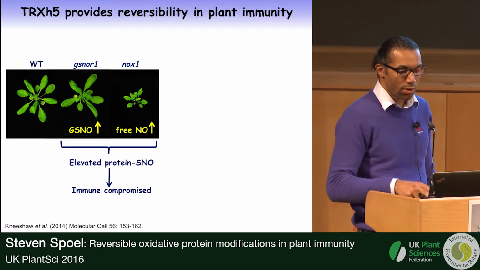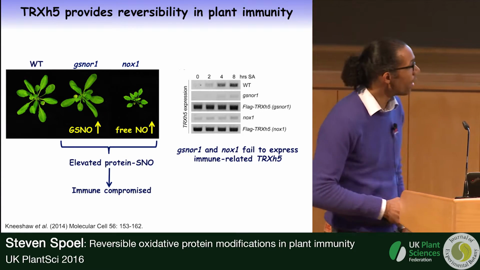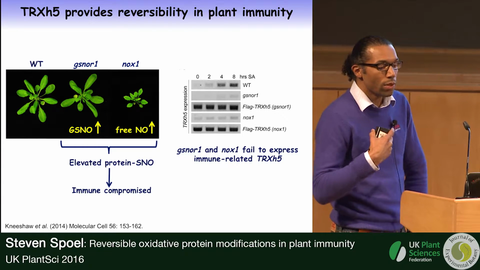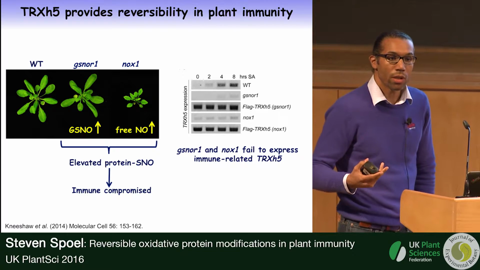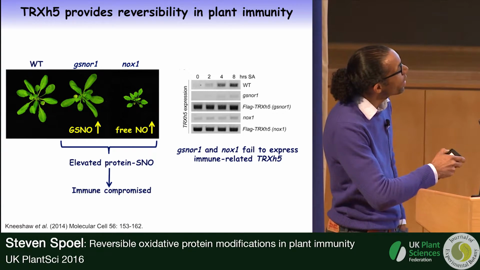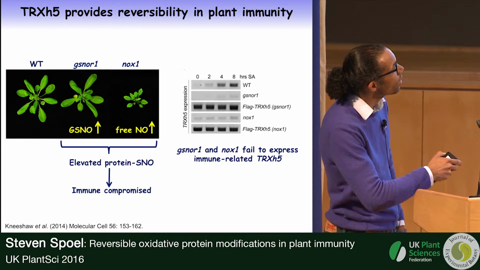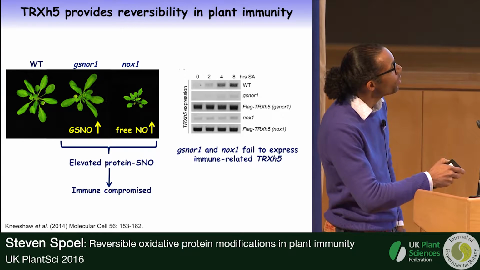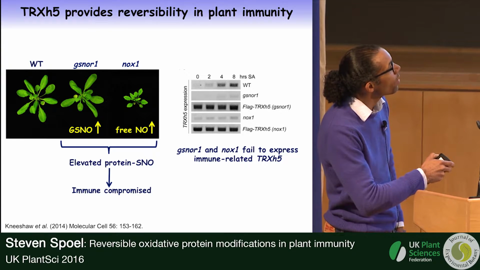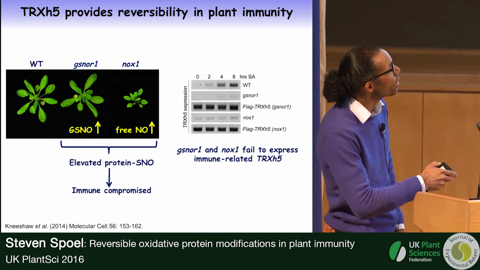And so we looked at the role of thioredoxin H5 in these plants, because thioredoxin H5 is an immune-specific thioredoxin in Arabidopsis. And you can see that just over here. The expression of thioredoxin is off in the resting state, but after activation of immunity, here by adding salicylic acid, which is an immune hormone, its gene expression is activated quite strongly.